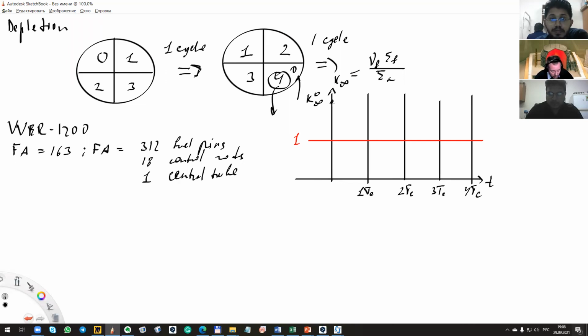There is a small, I mean, in time it's quite a steep reduction, and further there is a trend line, just a line. It's about 0.8.